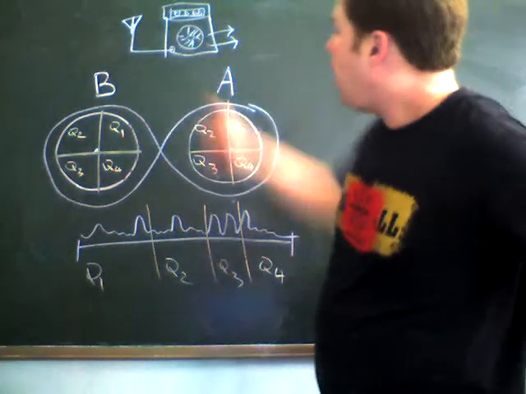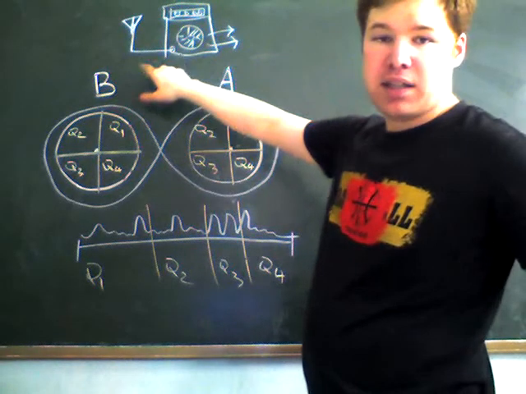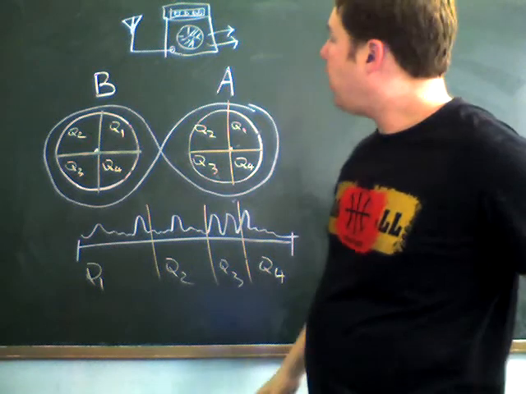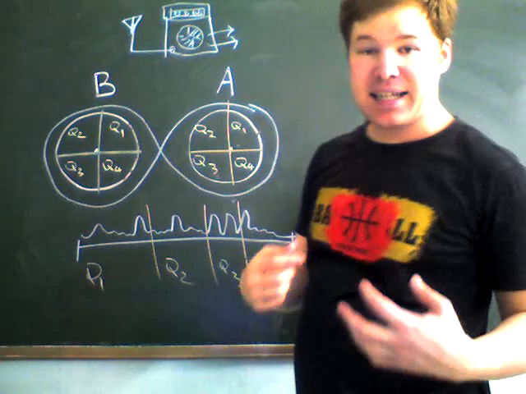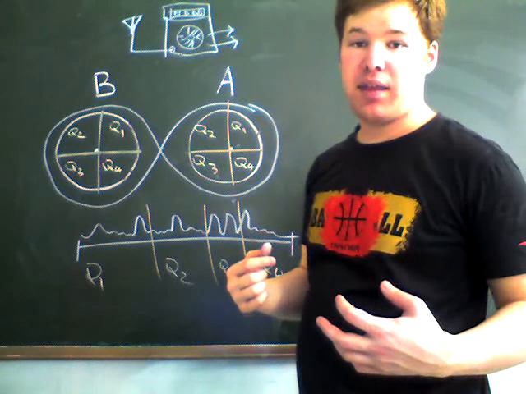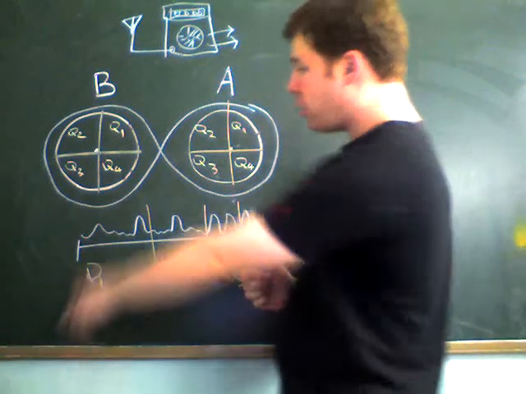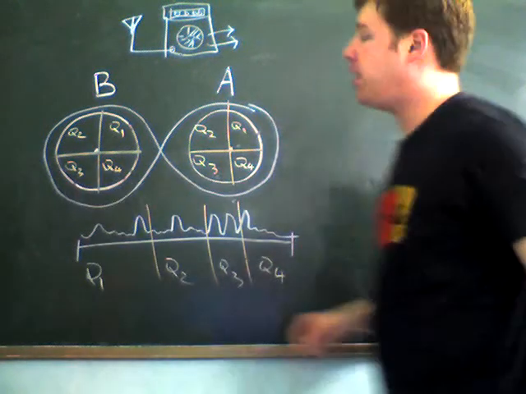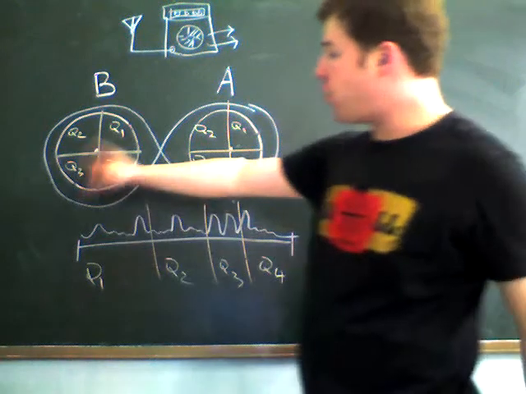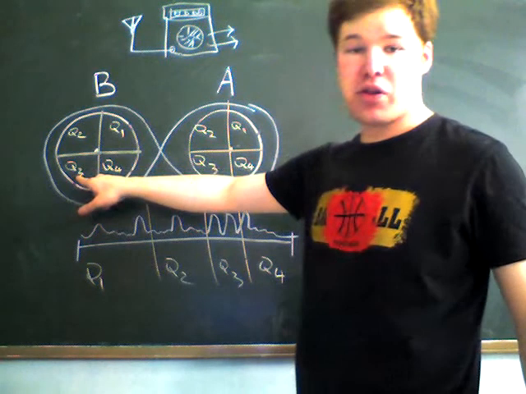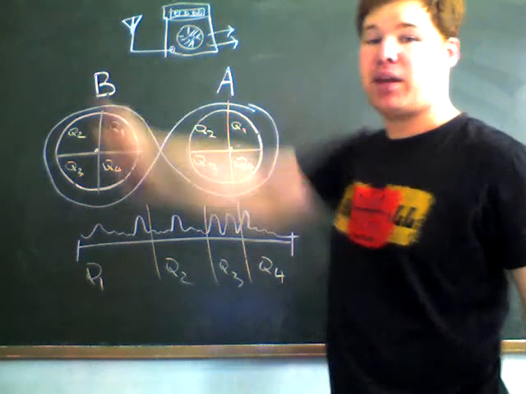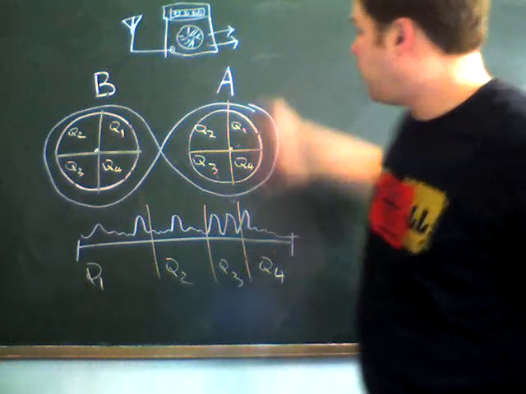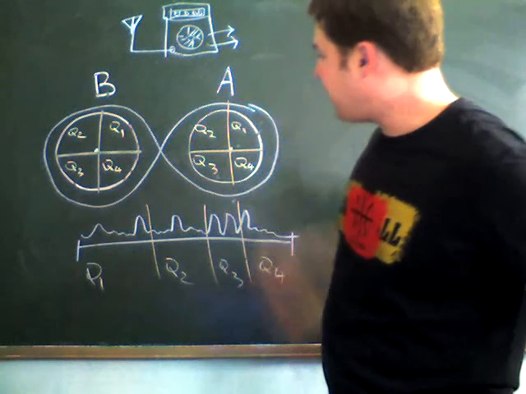Now this antenna right here would be listening to the data coming from the diagonal quadrant, quadrant 3 on this Stargate from point B, and each one will have it like that.